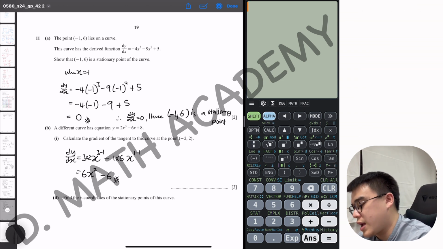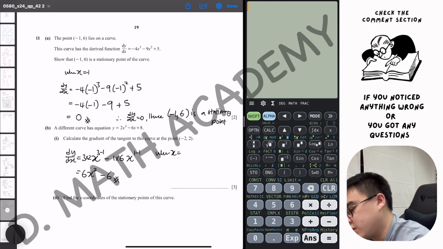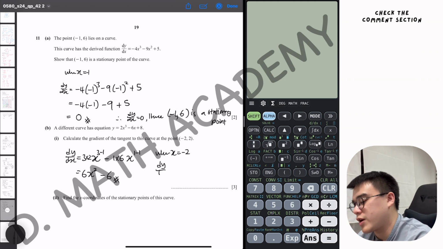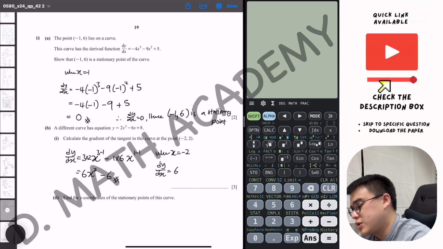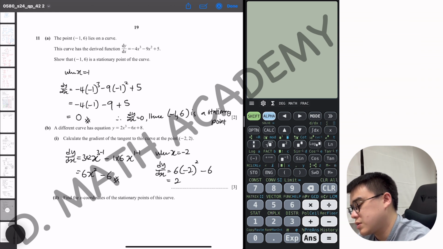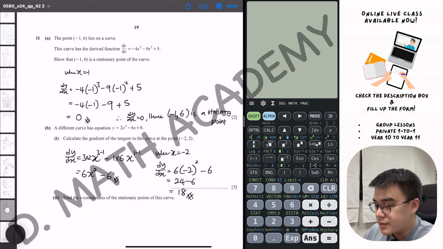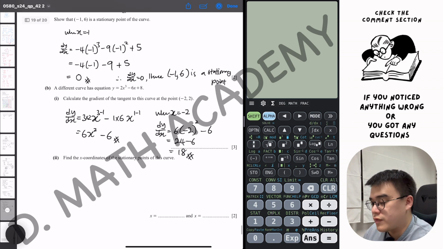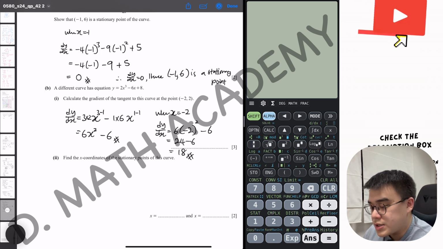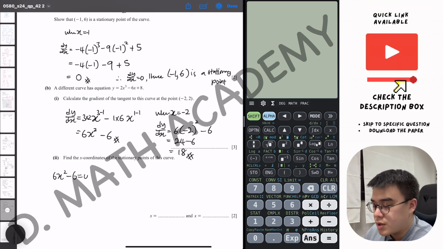When x is -2, your dy/dx is basically your gradient function here. Sub in and check, and you should be able to get your answer. You get 18 as the result. Find the x coordinates of the stationary points of this curve. Your 6x squared minus 6 will be equal to 0.